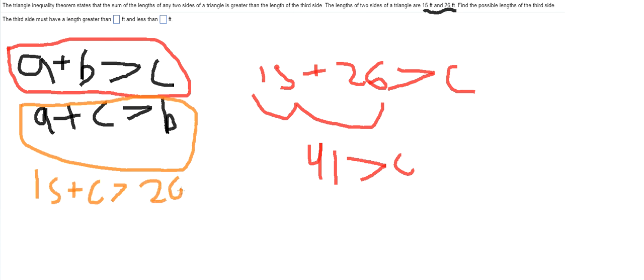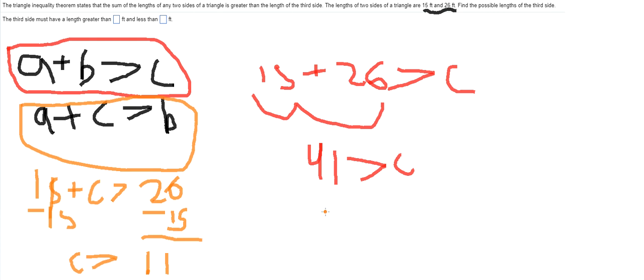So subtract 15 from both sides: C is greater than 11.